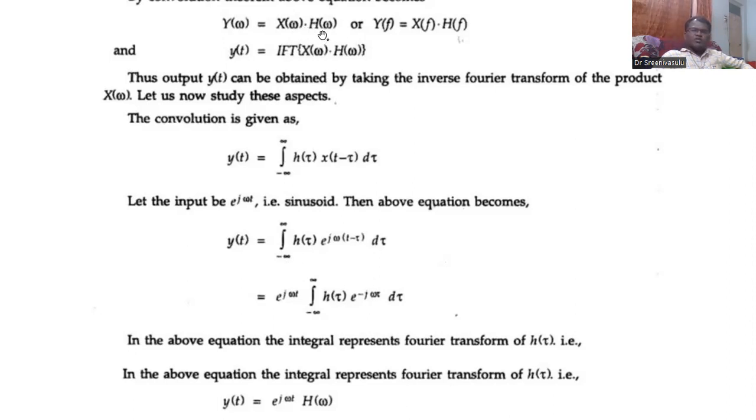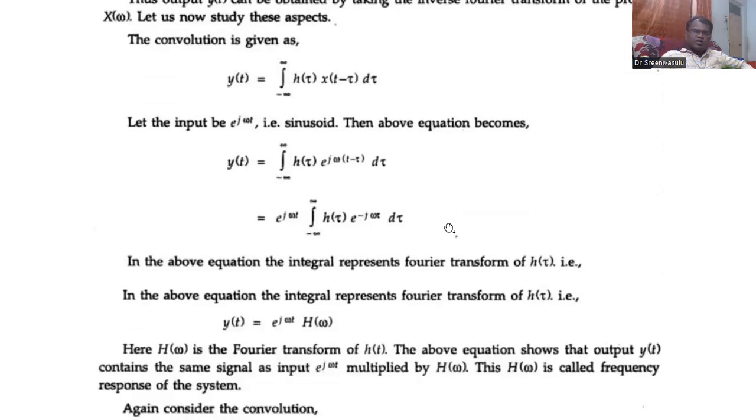Now, h of omega is equal to y of omega by x of omega. If you want to find y of t from the frequency domain, just simply apply inverse Fourier transform. You will get the y of t from the frequency domain. Now, h of omega is equal to y of omega by x of omega.